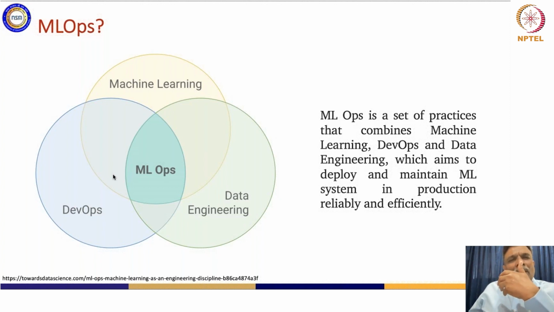So you need to ensure that your machine learning application satisfies all that, because we are talking of a production environment, reliability, and efficiency. So we have now come down to a level wherein we can appreciate how it has evolved from DevOps to MLOps.